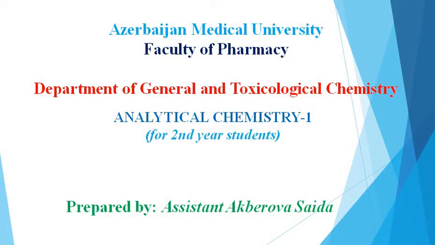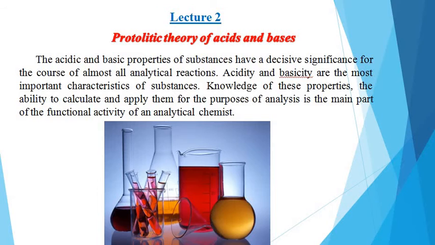Today we begin the second lecture on analytical chemistry. The name of the second lecture is the protolytic theory of acids and bases. The acidic and basic properties of substances have a decisive significance for the course of almost all analytical reactions.